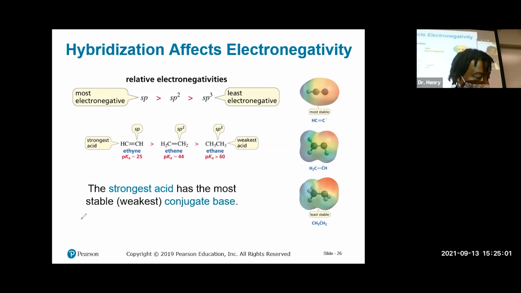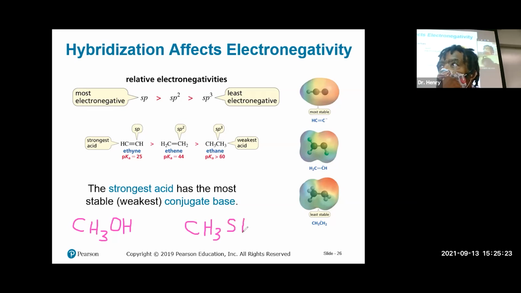So we have A or B? Which one would be the stronger?